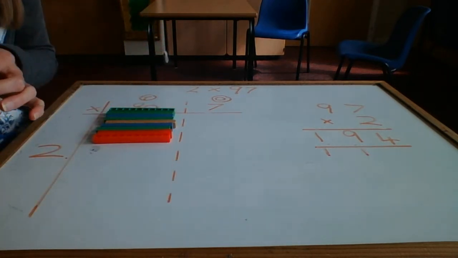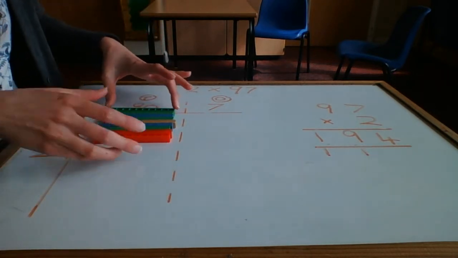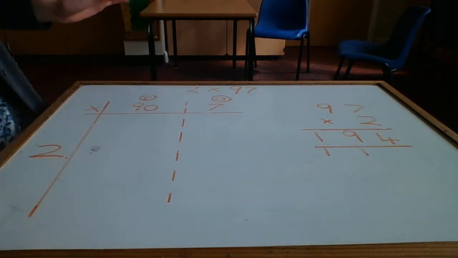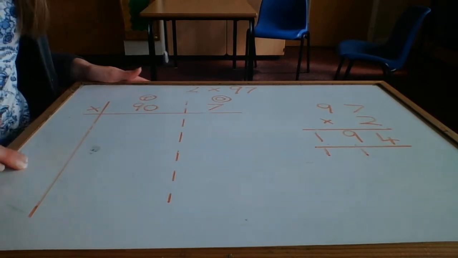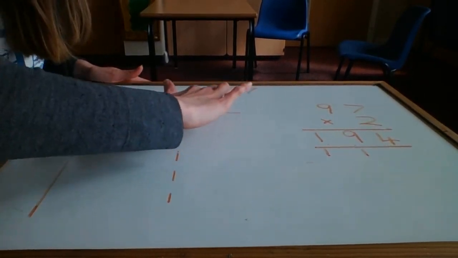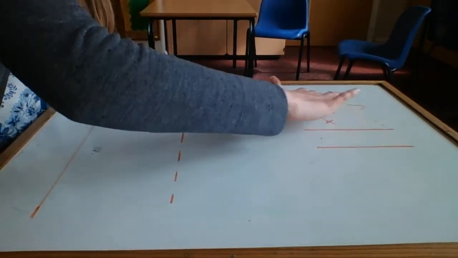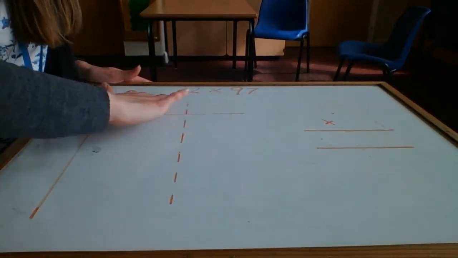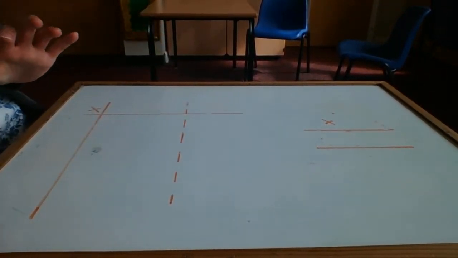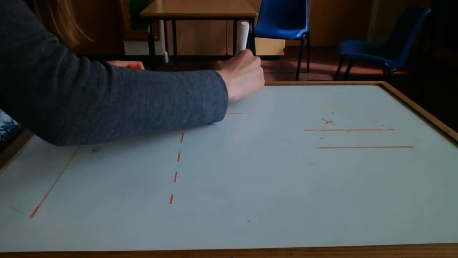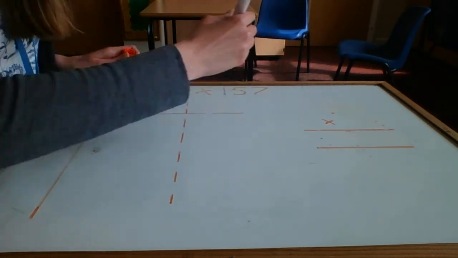Year 4, I'm now going to show you an example with a 3-digit number, because in year 4 you are going a level up. So I am now going to have a look at the example 3 times 157.